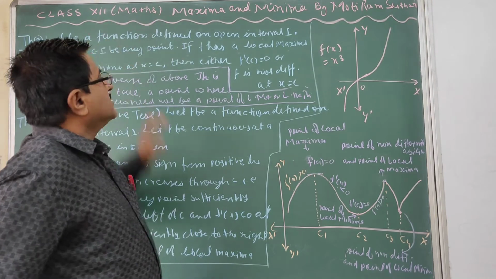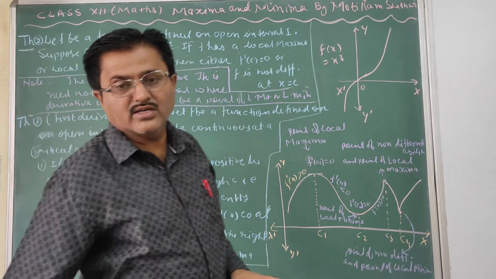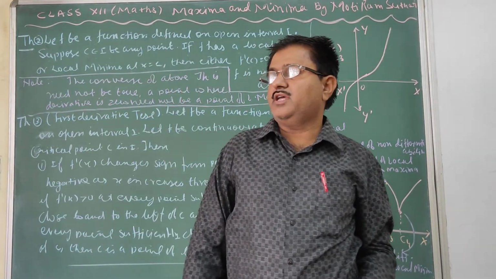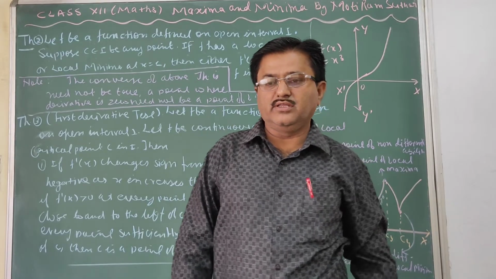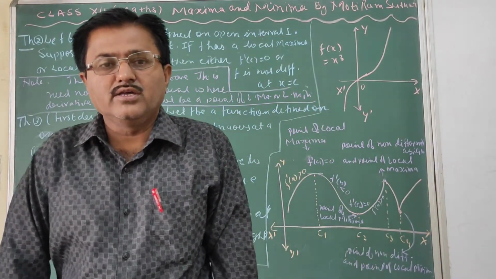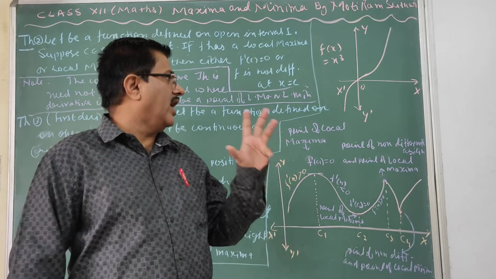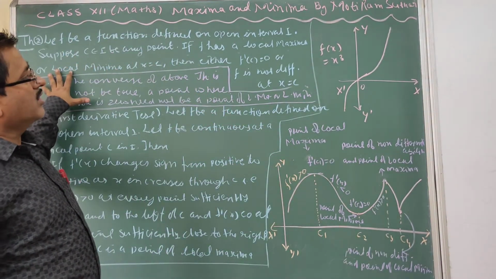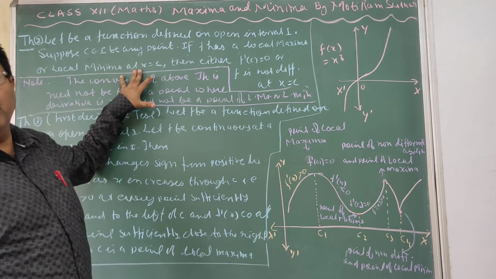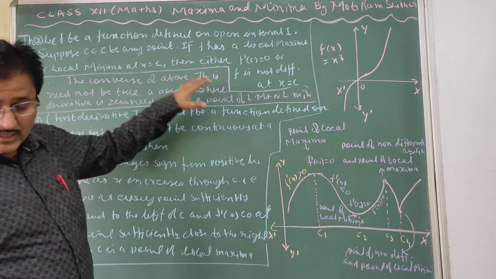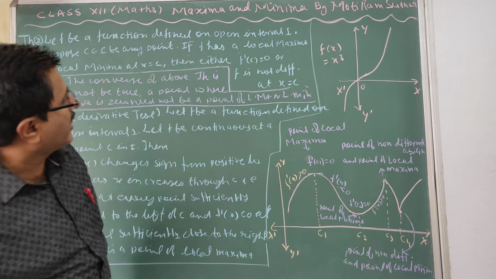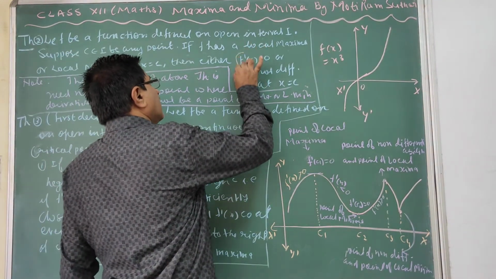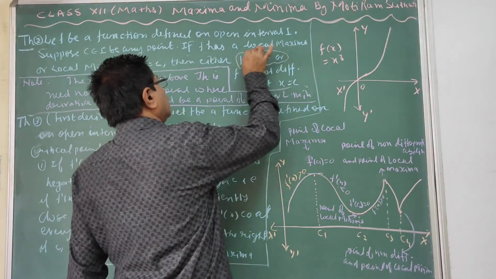So what does this mean? In the given function, if there is any point c in the given open interval, and it has a local maxima or local minima at that point, then this is a very important condition. Then at that point the derivative is 0.